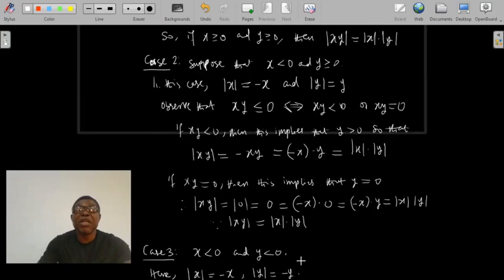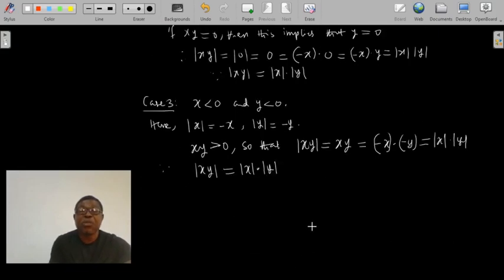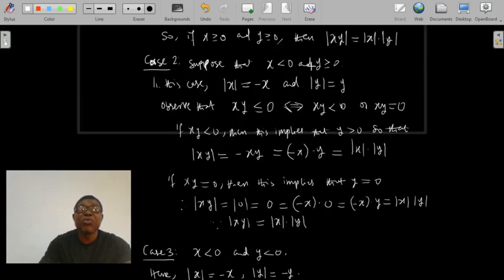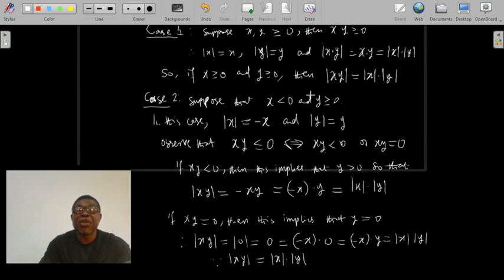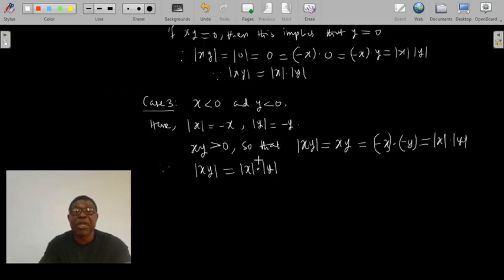So from what we've seen already, having covered all the possibilities, remember that the fourth possibility would have been where we interchange the roles of x and y here. That is, assuming that x is greater or equal to 0 and y is less than 0. But it will be a repetition. And you remember that all these variables are dummy variables, so it doesn't matter. This case covers the case I'm talking about.